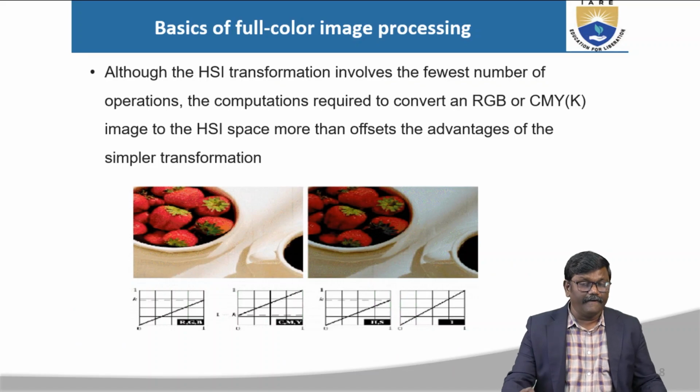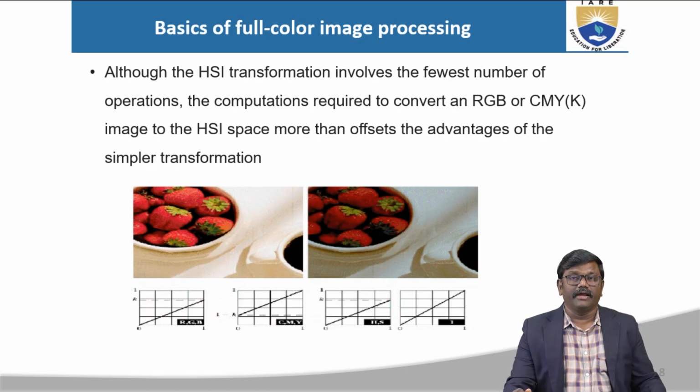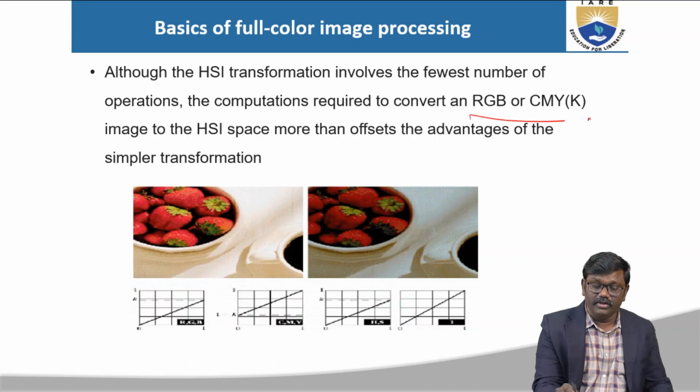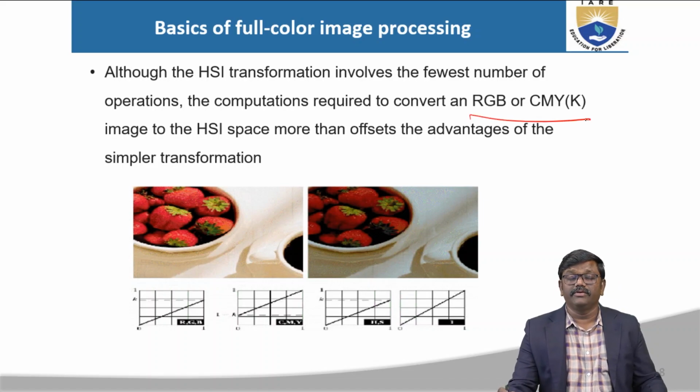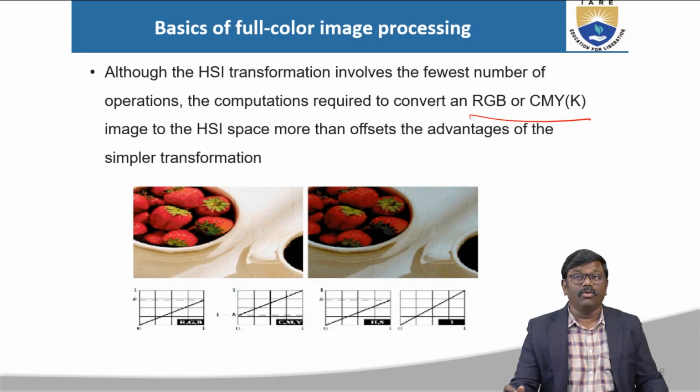Coming to one more important slide, we can understand how the HSI transformation involves the fewest number of operations. The computation required to convert RGB to CMY or CMYK image to the HSI space is more than offset.